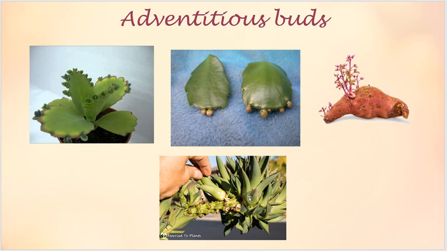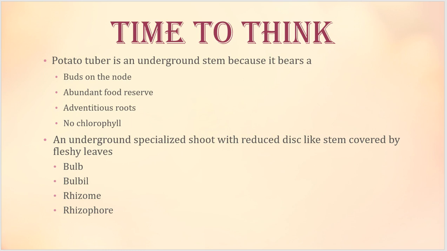So here you can see bulbil which is from agave. This bulbil will get detached from the parent plant, will grow into an entire new plant. So that's it about the stem and buds. Shoot system is complete. Shall we go for the quick recap?